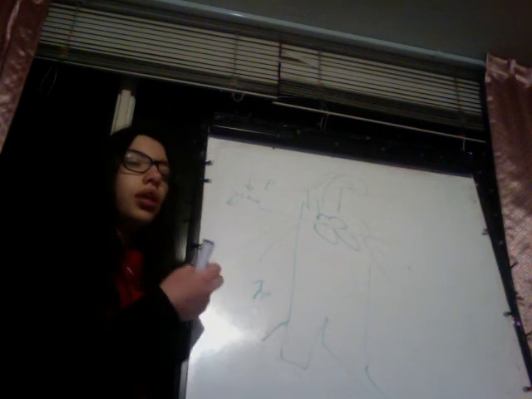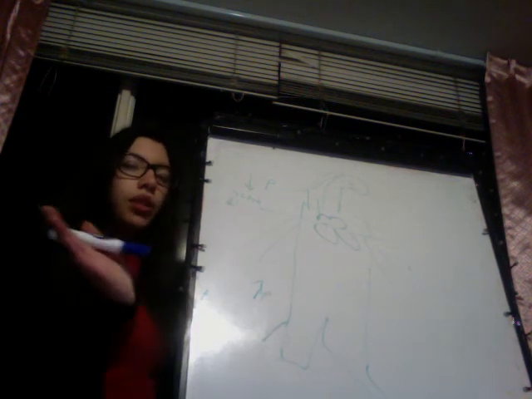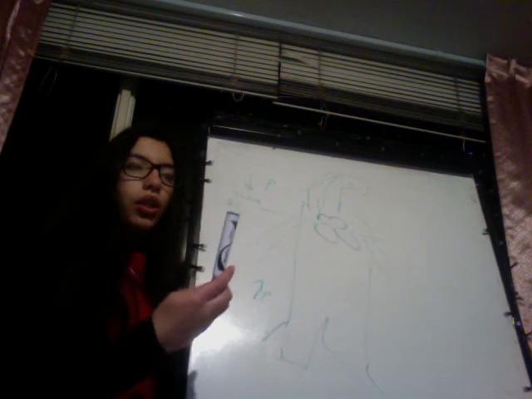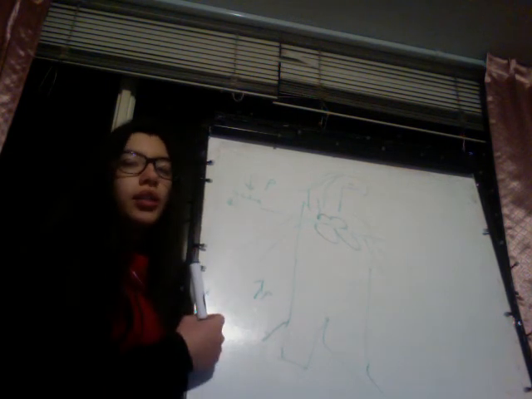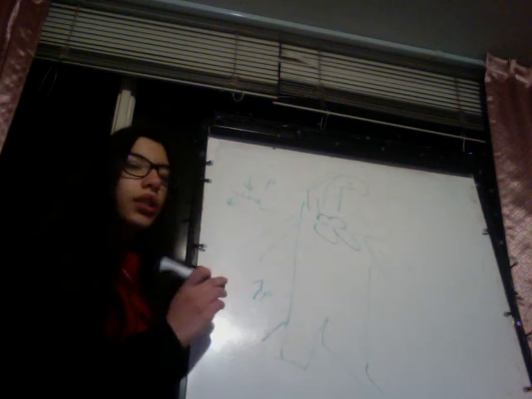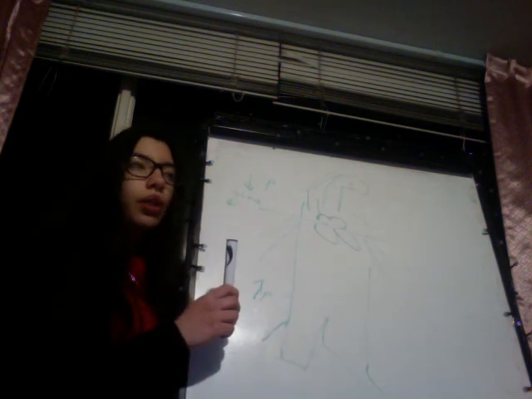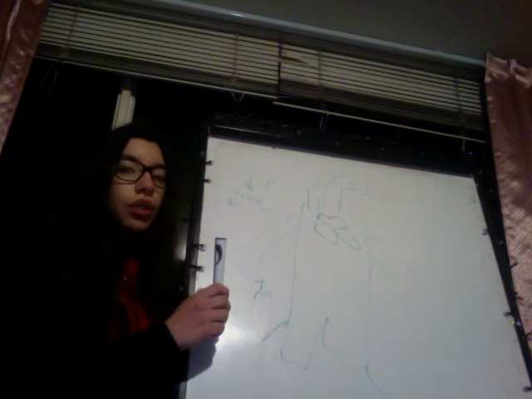This is why when we pass from the lying position to the vertical position, our heart rate increases. So first, we have a drop in venous return that can lead to orthostatic hypotension.